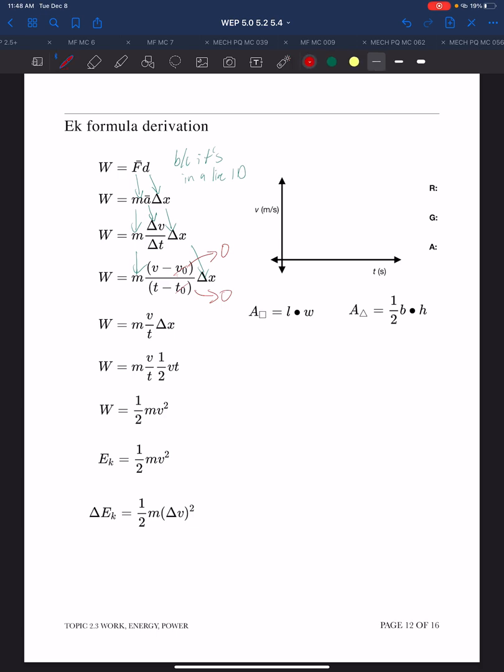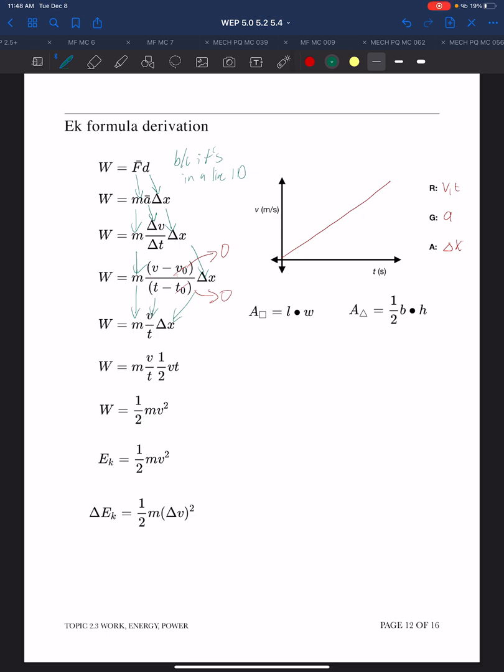Now, we said our velocity time graph looked like this. We have velocity and time, and the slope is the acceleration, and the area is the delta x. So if we want the delta x, we need to find the area. Looking at our formulas, we've got mass, we've got v over t, and delta x. How do we find the delta x, or the area?